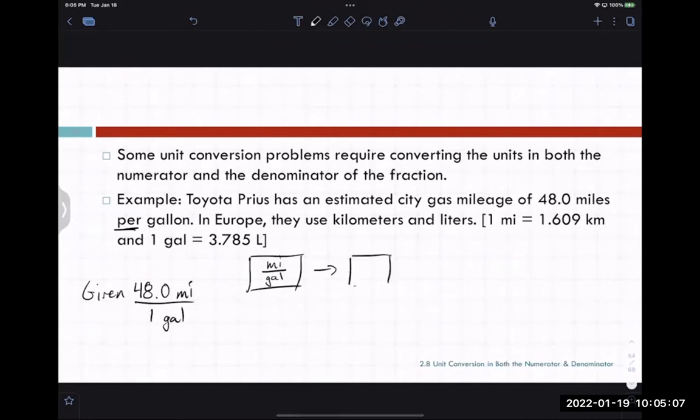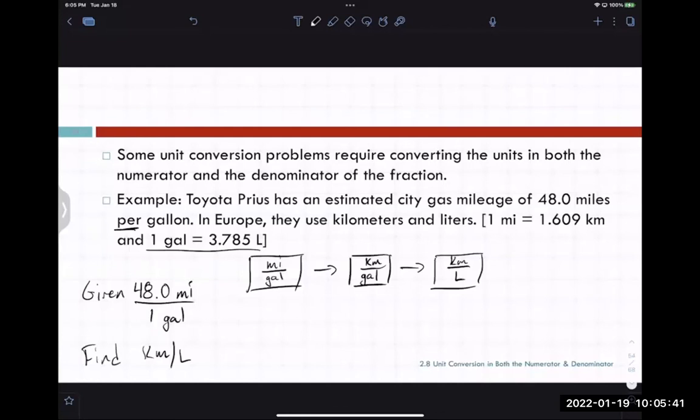And our resulting units here will be kilometers per gallon. And then if we want to convert gallons to liters, we're also given that here in the question. And then we'll get, actually, I didn't write what we're trying to find, which is kilometers per liter.